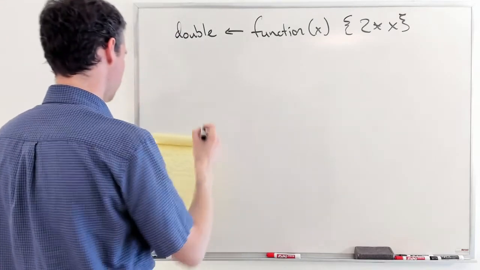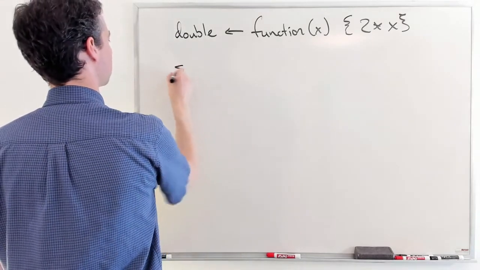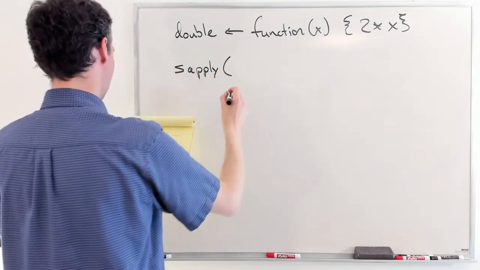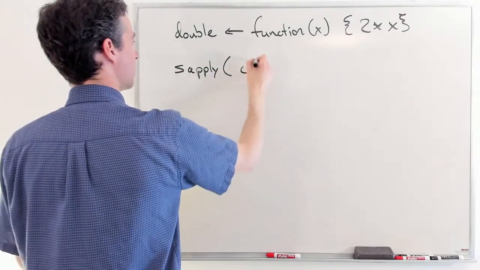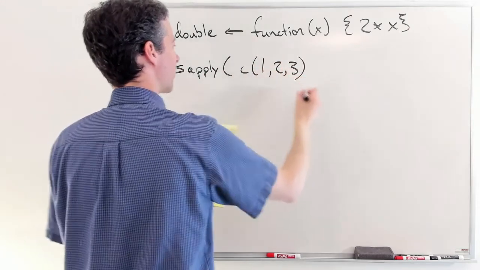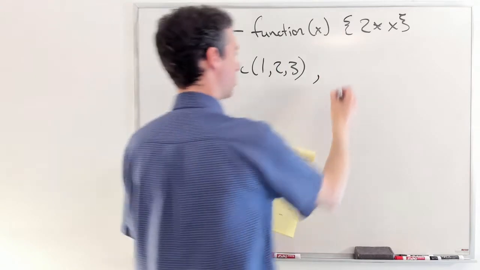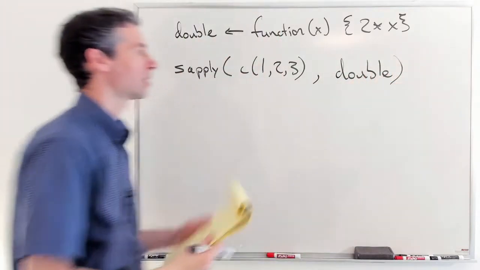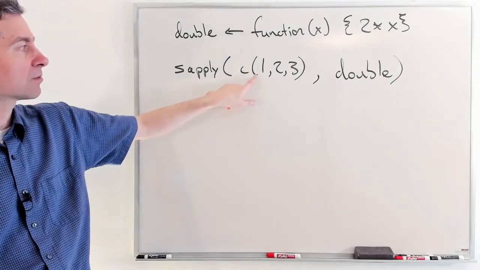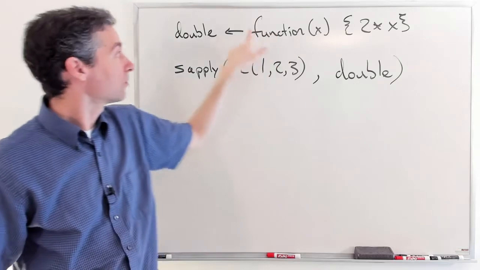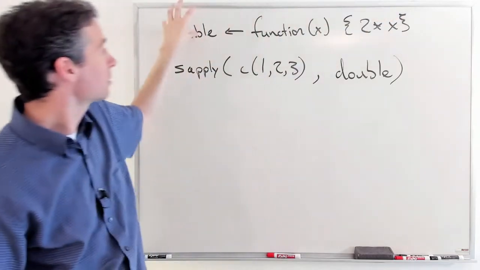All right, so let's say I call sapply and I pass in a vector 1, 2, 3, and I go ahead and pass in as my function double. So X is the vector 1, 2, and 3. I'm going to pass in this function that we created, that's in this variable double.